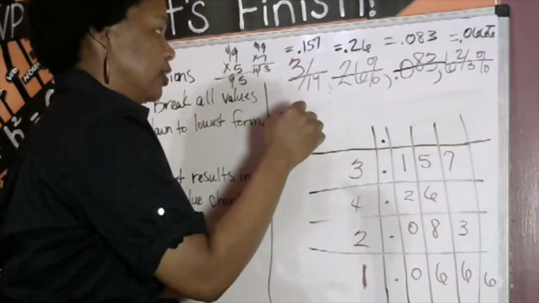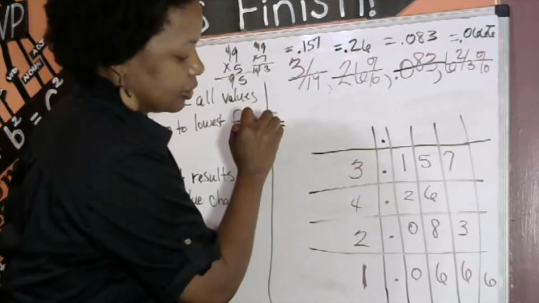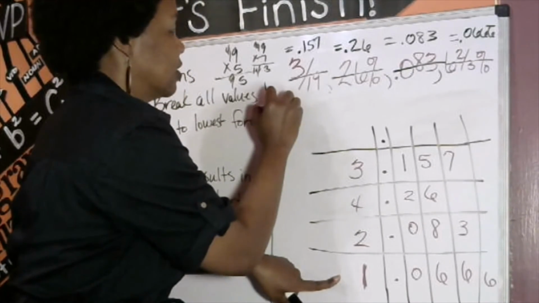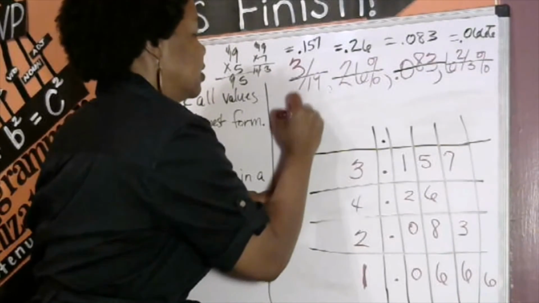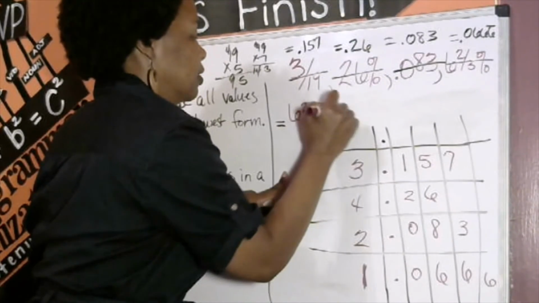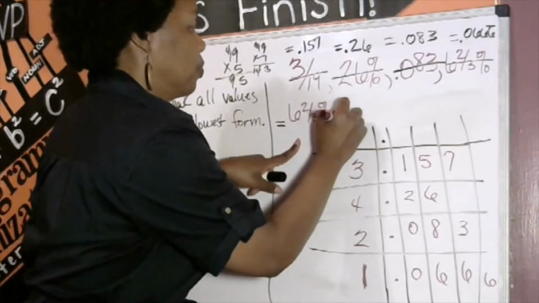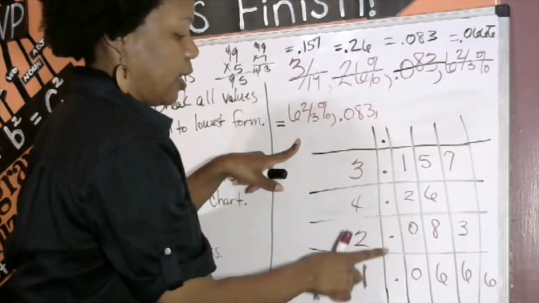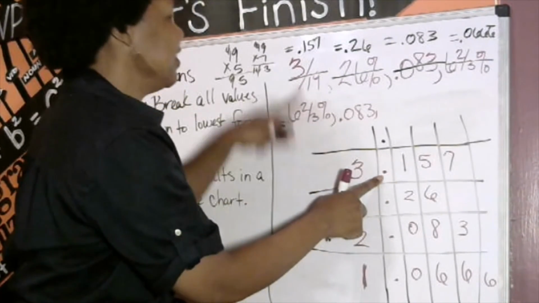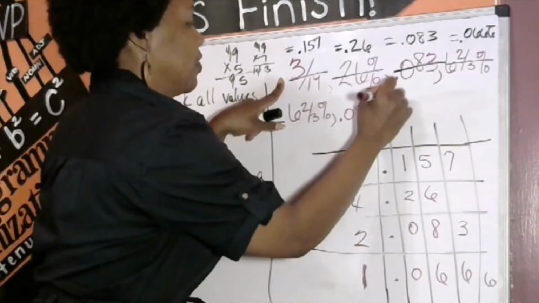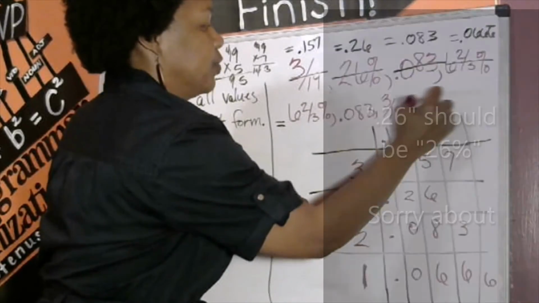Your answer should look like this. 6 2/3%. Okay, and then you want number 2, 0.083. Okay, and then you want 0.157, whose equivalent is 3/19. And lastly, you want 0.26.